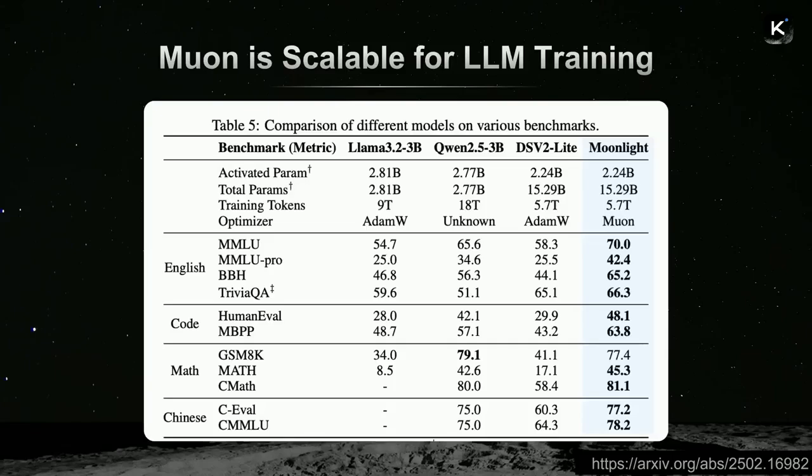And these are some of the results that were presented in the paper. As you can see, with the same number of parameters and the same number of training tokens, we just replace the original AdamW optimizer with the new Muon optimizer, and it improves the performance across the board significantly.